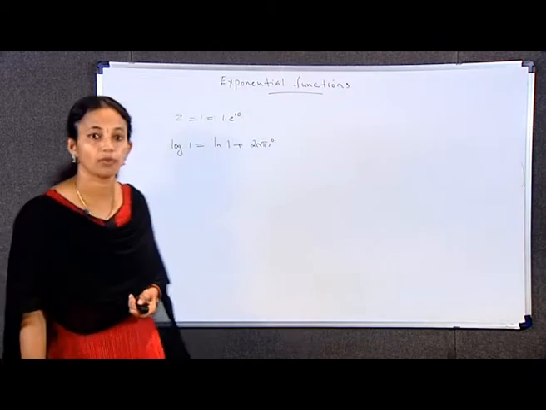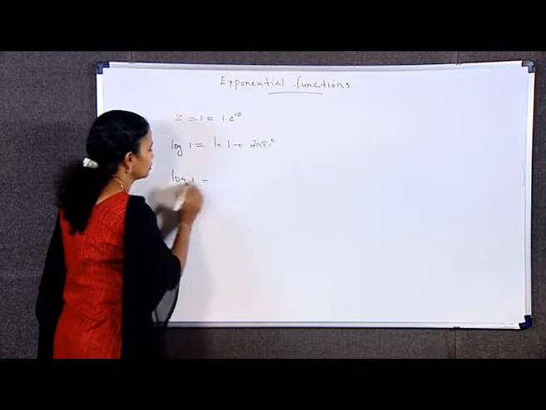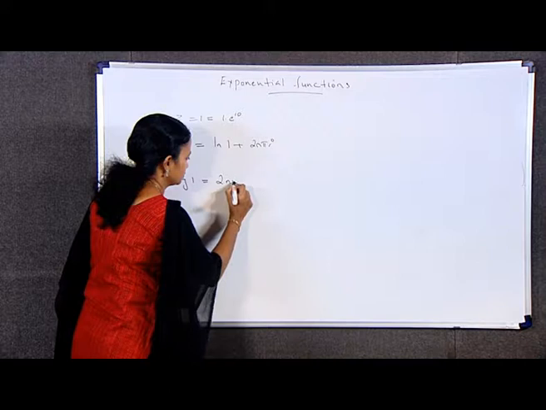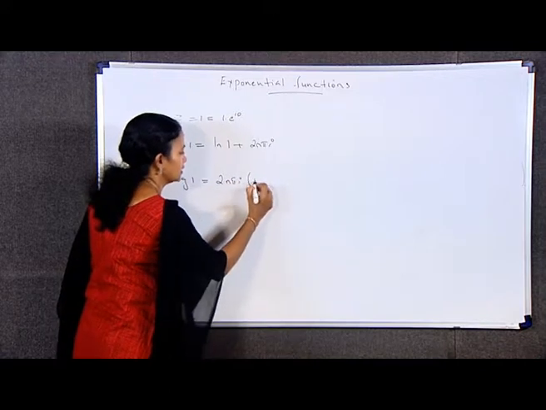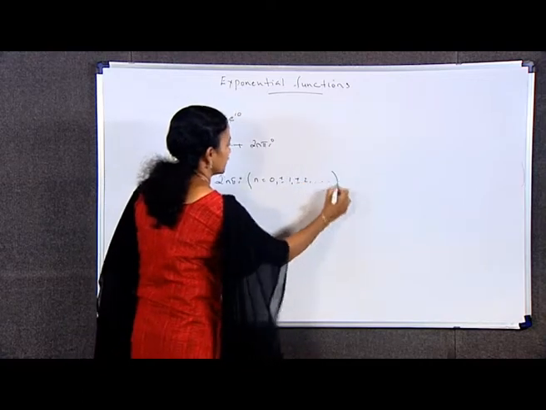Hence the above implies log 1 is equal to 2n pi i, of course with n equal to 0, plus or minus 1, plus or minus 2, etc.